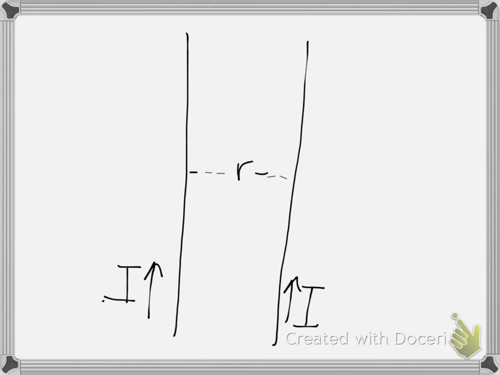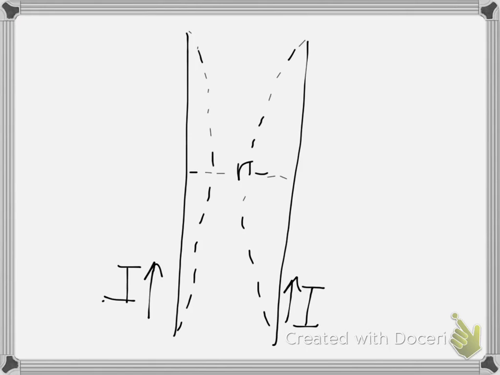So how do I actually describe the force between these two wires? We said when the currents are the same, they'll attract, so the wires will bend inward just a little bit. The wires are going to bend inward, but how do we actually describe that force?